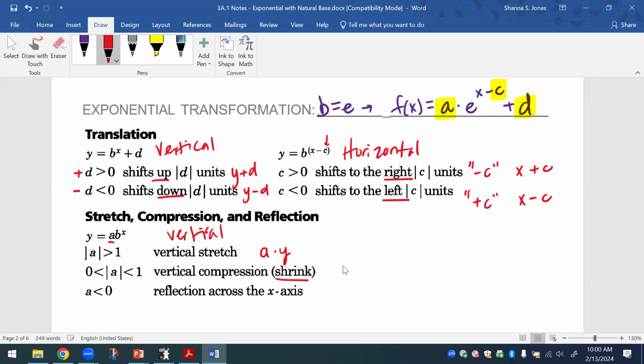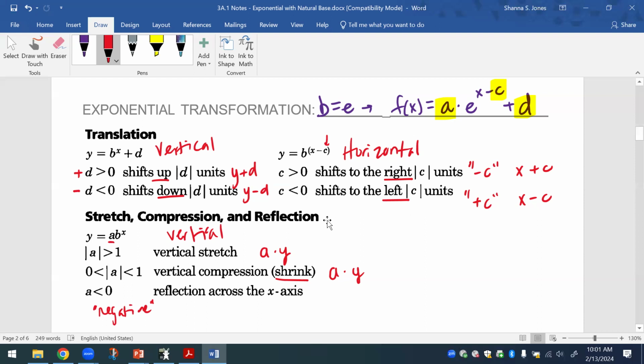You're still going to multiply A times Y. That's how you find a stretch or compression. It's your Y times A. If A is less than 0, meaning that A is negative, it's a reflection across the x-axis. So if your A is negative, you're going to reflect across the x-axis.